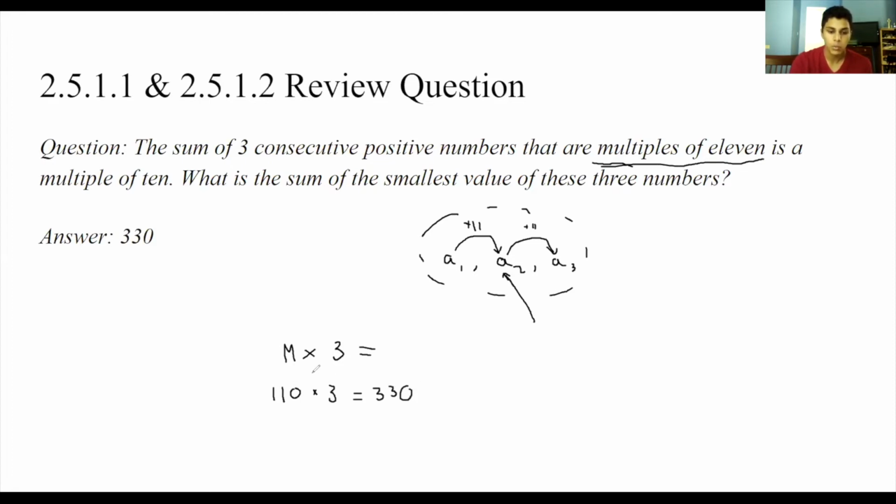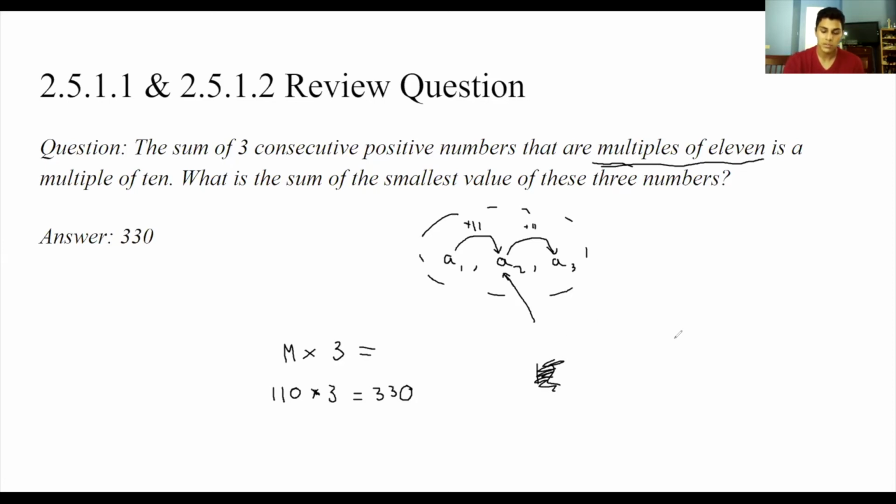So the way I figured out that the middle number is 110 is because I know that the sum, since it's the median times some number, will be a multiple of 10 if the median's a multiple of 10, right? Because that's how multiples work. If I had the number 12, for example, no matter what number I multiply 12 by, the resulting number is still going to be a multiple of 12.